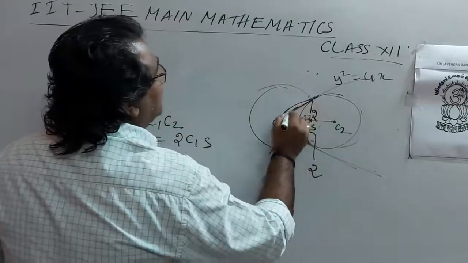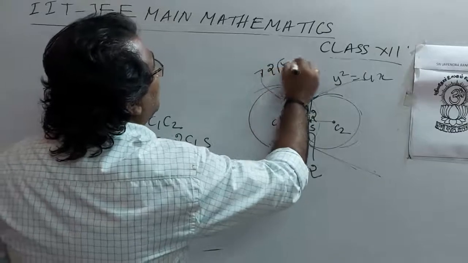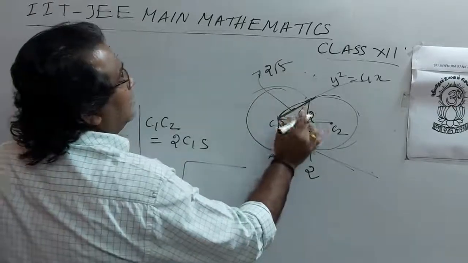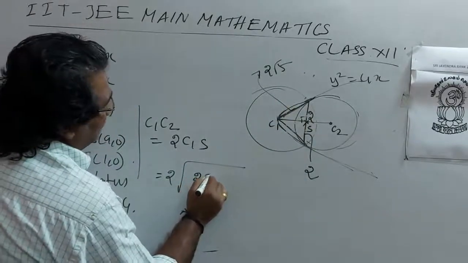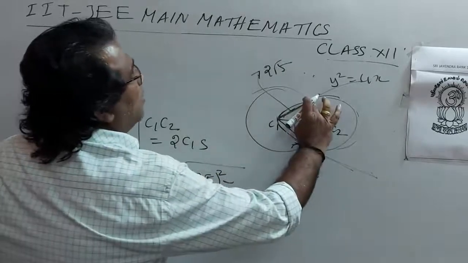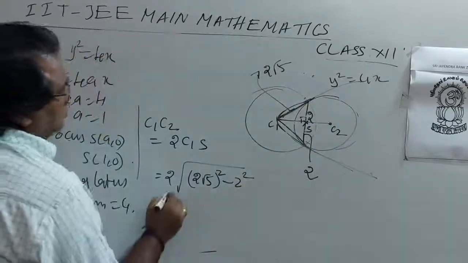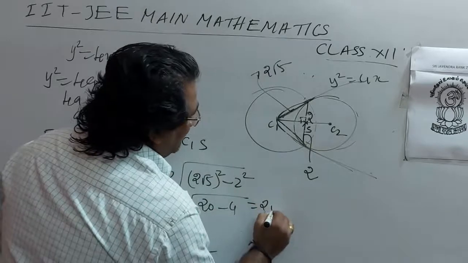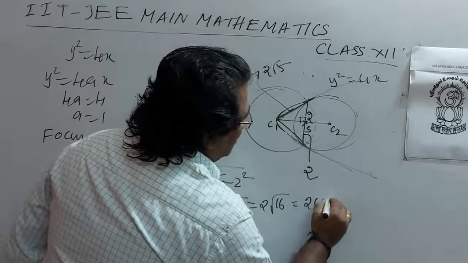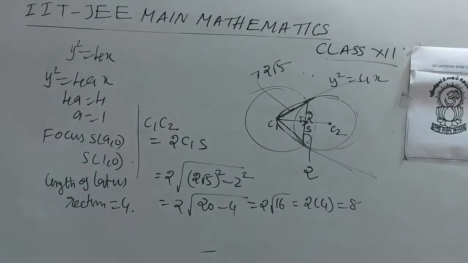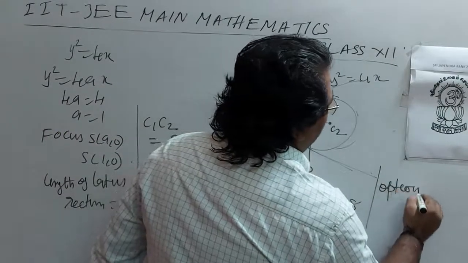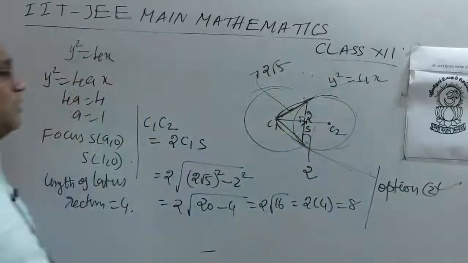This is the radius, equal to 2 root 5. 2C1S, that is twice root of, this is hypotenuse, that is 2 root 5 whole square minus square of this portion, 2 squared. 2 into root of 20 minus 4, 2 into root of 16, 2 into 4, 8. So option 2 is correct.